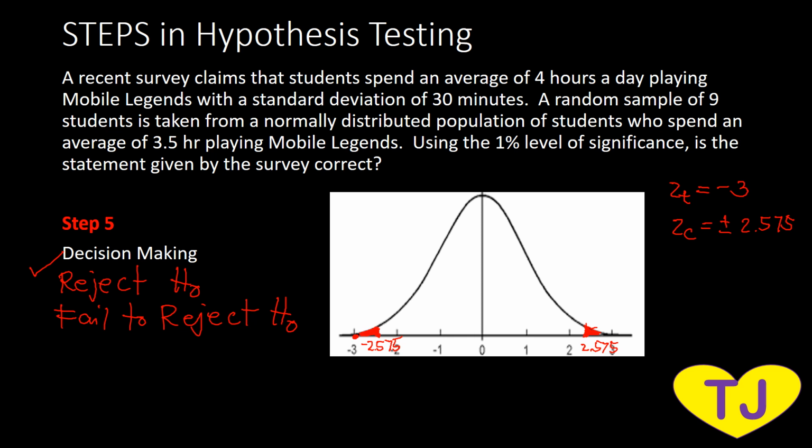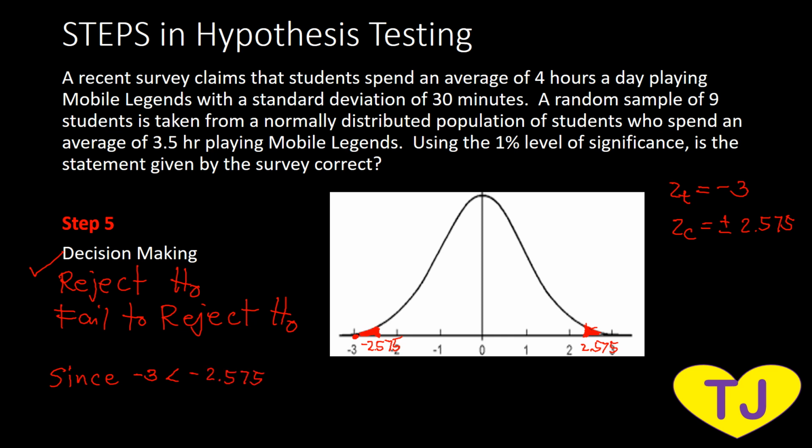Okay? So again, this is what is needed in decision making, or step number 5. We have to do a conclusion. So we can say there, since we have to compare our z sub c and z sub t, once we compare that, we have negative 3 is less than negative 2.575.